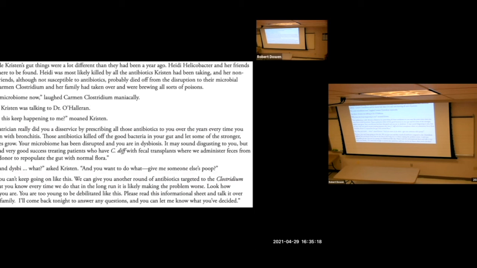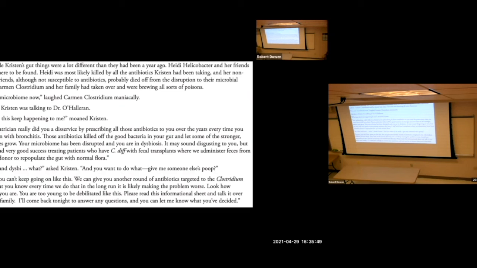The antibiotics killed off the good bacteria in your gut and let some of the stronger, nastier ones grow. Your microbiome has been disrupted and you are in dysbiosis. It may sound disgusting to you, but we have had very good success treating patients who have C. diff with fecal transplants, where you administer feces from a healthy donor to repopulate the gut with normal flora."